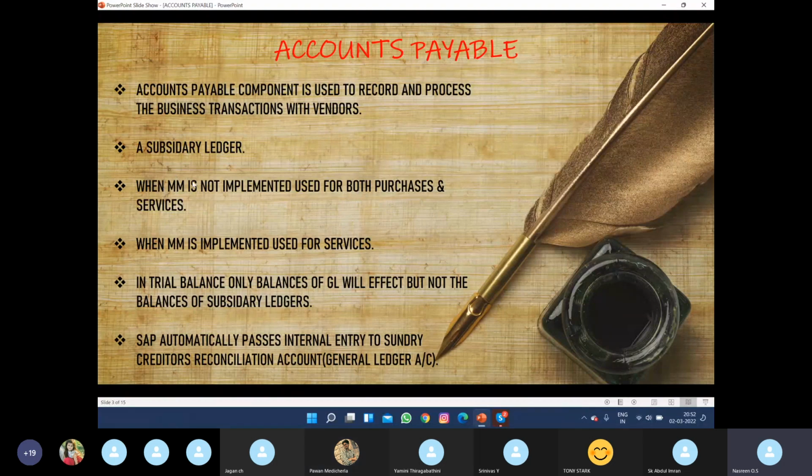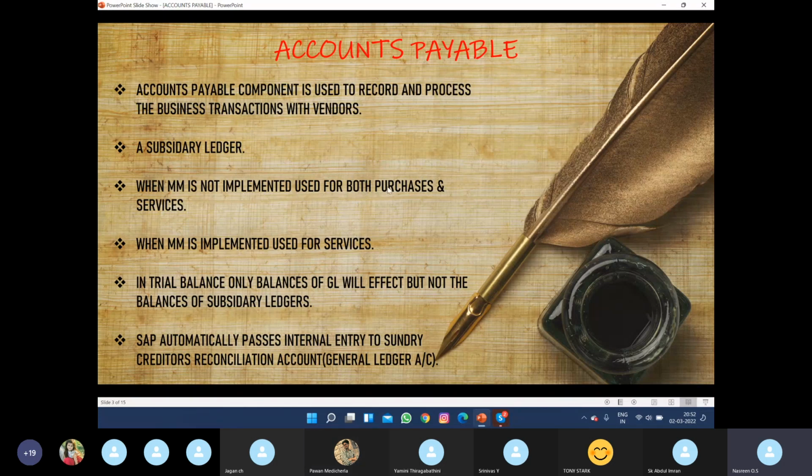Here MM refers to material management. We also have a module called material management in our SAP. If material management is not in place within the organization, then we use accounts payable for keeping the data of both purchases and services.